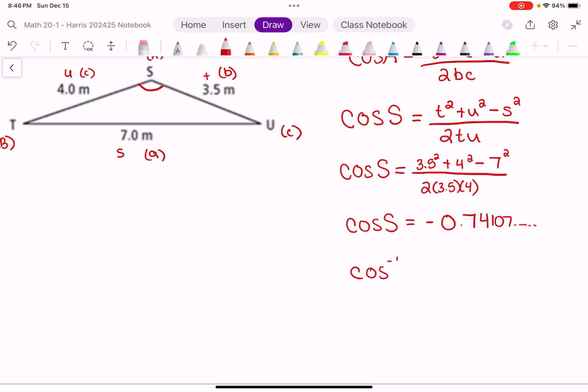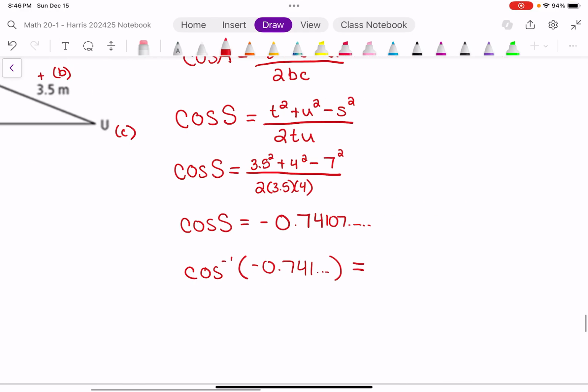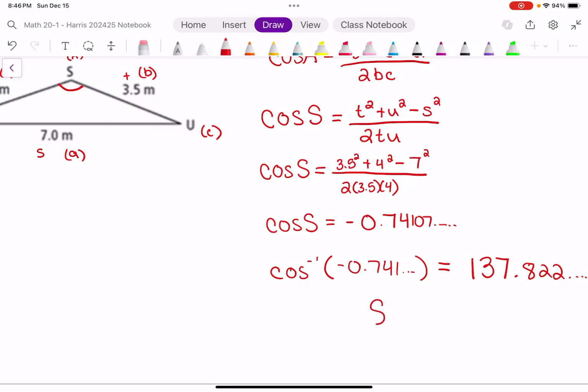So inverse cos of that negative 0.74. Sorry. And I'm going to get a number of 137.822, it keeps going. So my angle of S is going to be approximately 138 degrees.